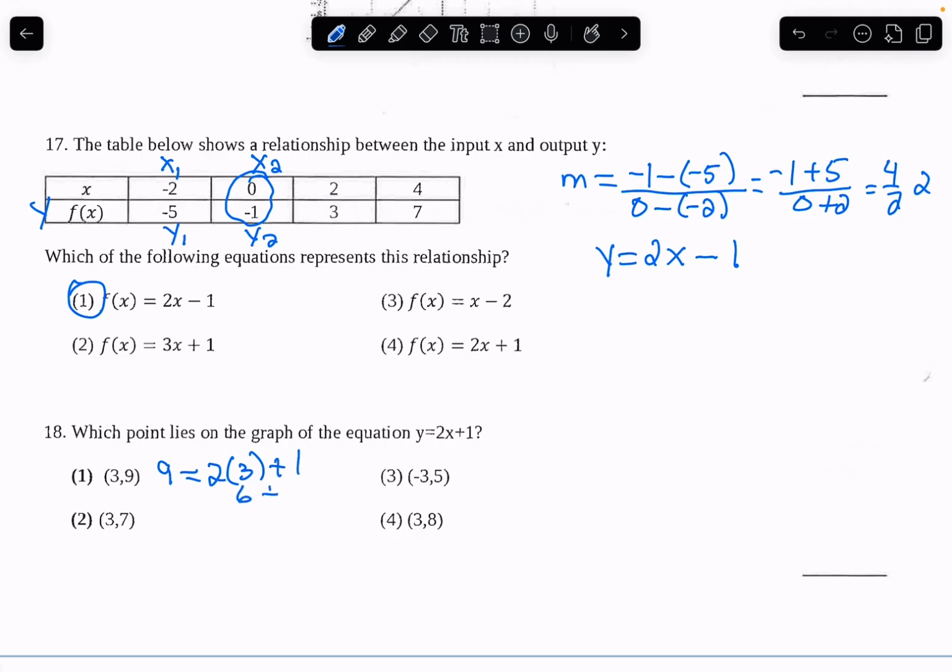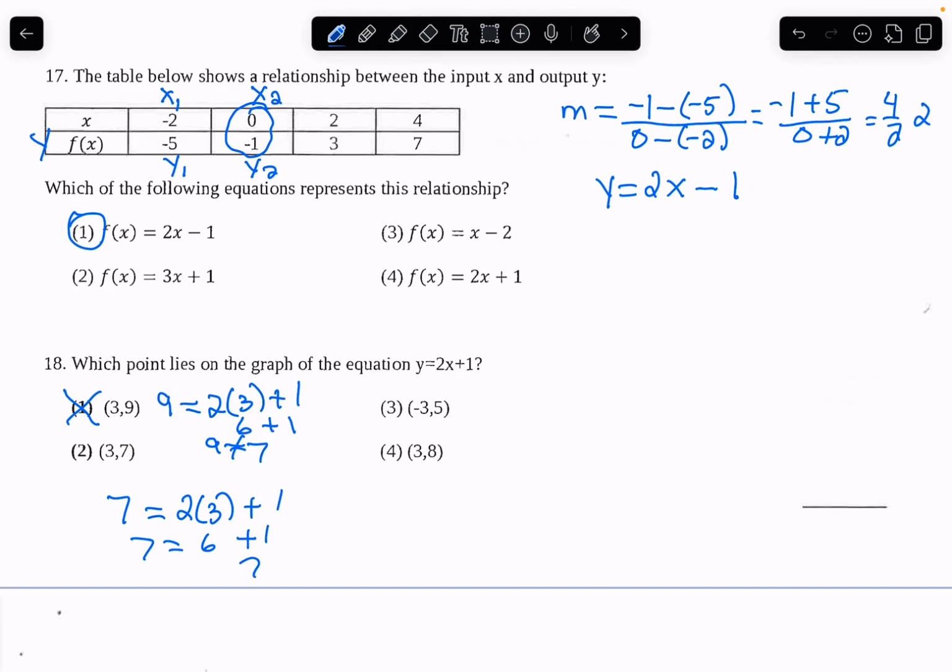This is 6 plus 1, which is not equal to 7, right? 9 is not equal to 7, so it can't be that one. And I went on to the second one and I put in 7 is equal to 2 times 3 plus 1. This becomes 6 plus 1. That's equal to 7. Yes, it is. So 7 is equal to 7.